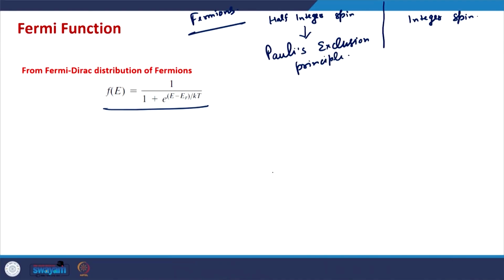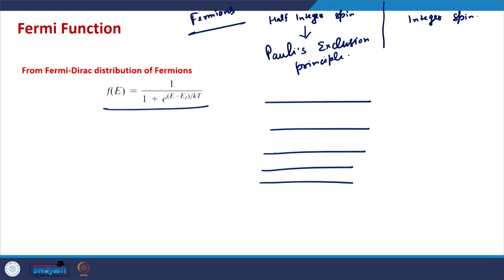So if in a system we have discrete energy levels, each of these can take two electrons of opposite spin. Each level cannot hold two electrons of the same spin, because that is not allowed by Pauli's exclusion principle. Similarly, this level and this level can also hold two electrons of opposite spin.